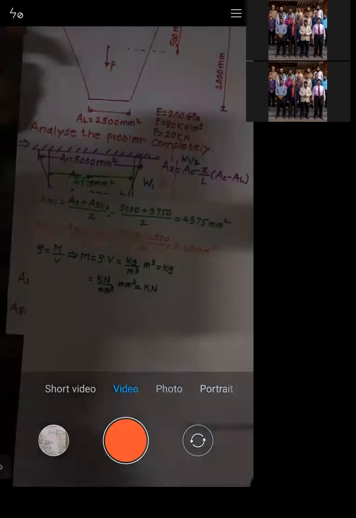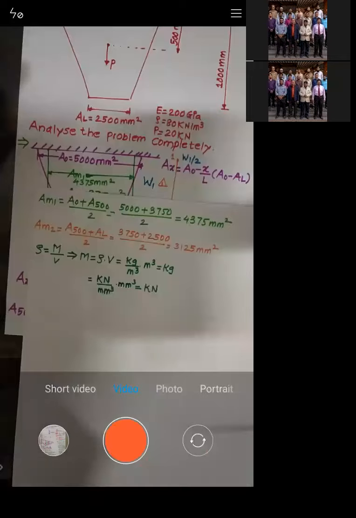When you multiply mass by acceleration due to gravity, W is equal to m into g. That is what the relation is.